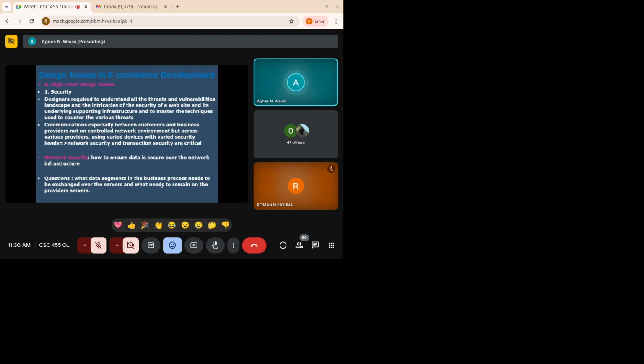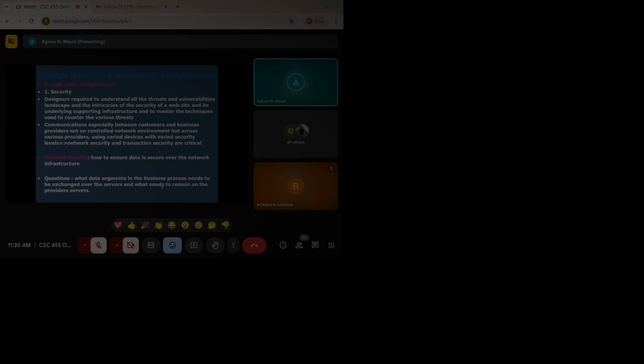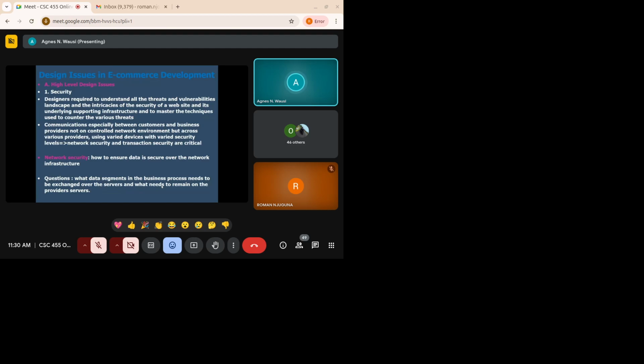So understanding that you are also relying on the security measures of the underlying network. And so it is important to understand that.